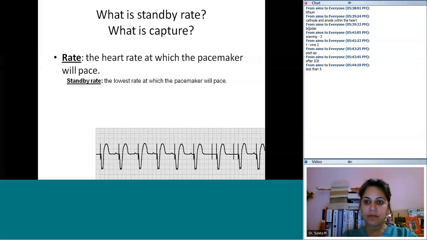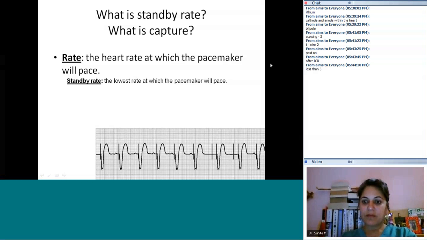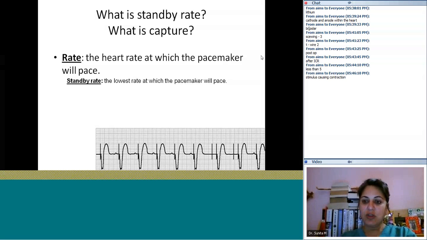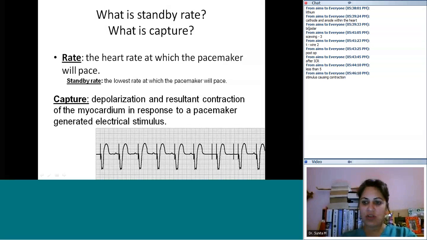Now, what is capture? What do you mean by capture? Stimulus causing contraction. Okay. So capture is when you give an electrical stimulus and you are able to have a resultant contraction.